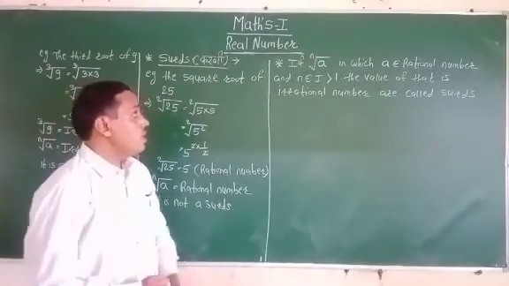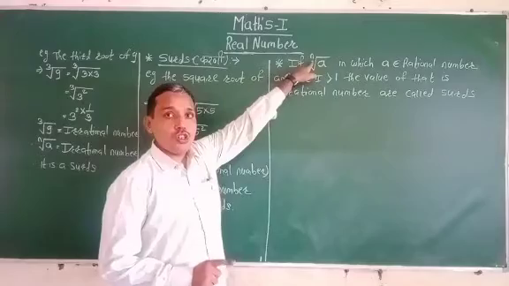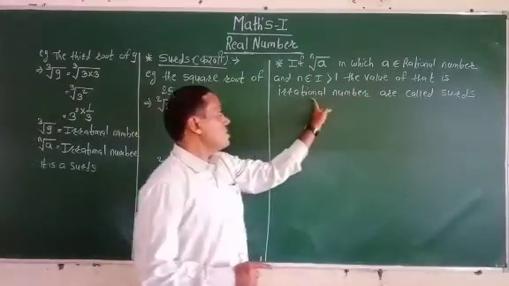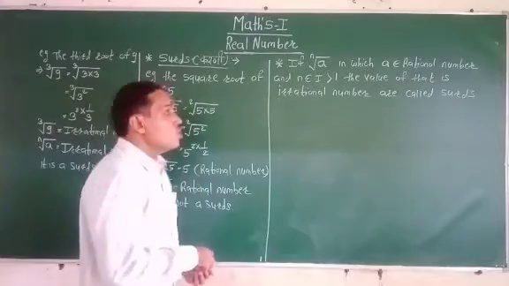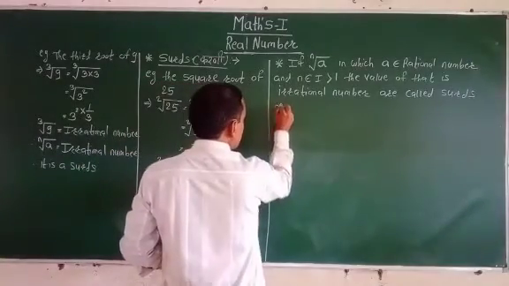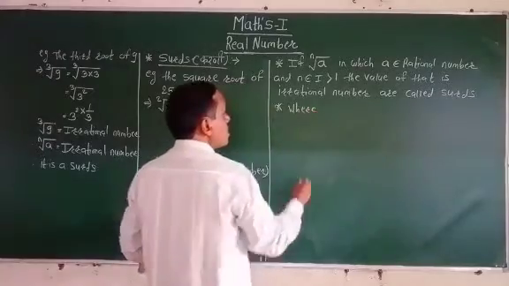When we get the value of the radicand A in its nth root, and we get an irrational number, then we call it surds.